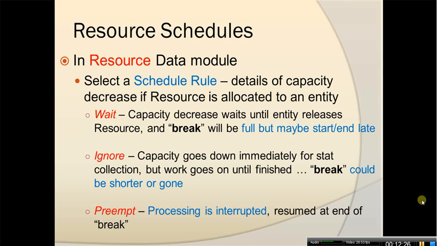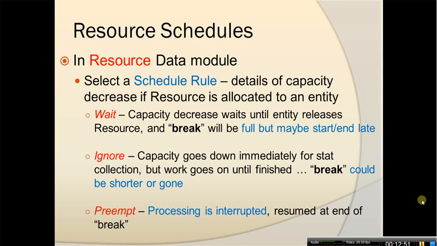So the processing is resumed after the break. So you get the full break, but the processing is interrupted, and so that results in a longer processing. So it's important for us to know all these differences between wait, ignore, and preempt, right? Those are the options that we have for the schedule rule.